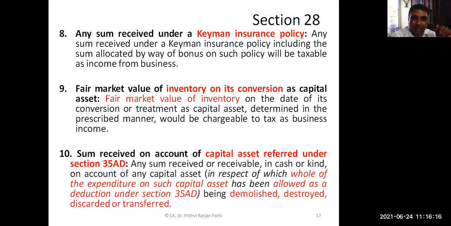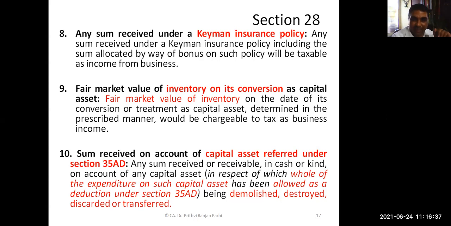But if it is a 35AD business, that means a business which is mentioned under section 35AD, you will be seeing it later on. You can also check section 35AD by visiting the income tax department website. And certain capital assets are purchased, and that has allowed us deduction. That means the entire amount is allowed as a deduction.